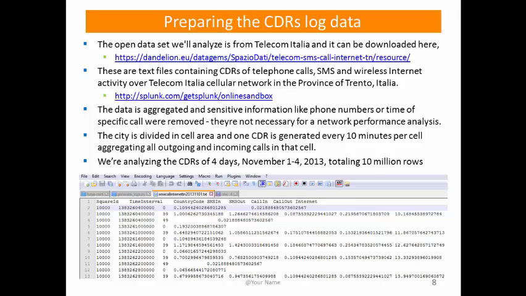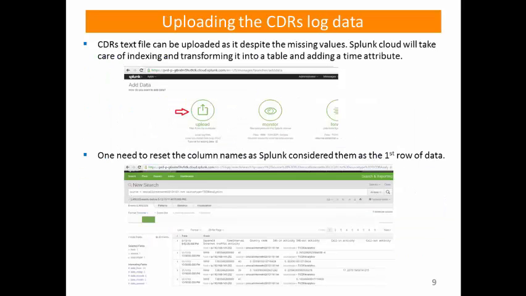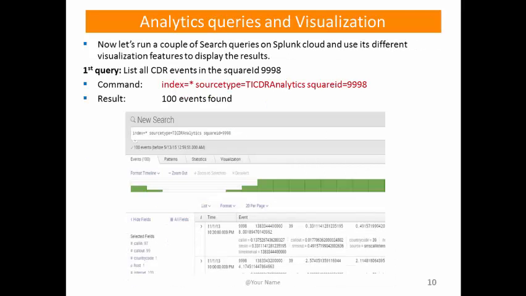It's basically a text file, and you don't even need to transform it more before you upload it to Splunk. I just uploaded it to Splunk, and Splunk was able to figure out how the data is structured and create this nice table that now I can use to start running my search queries.